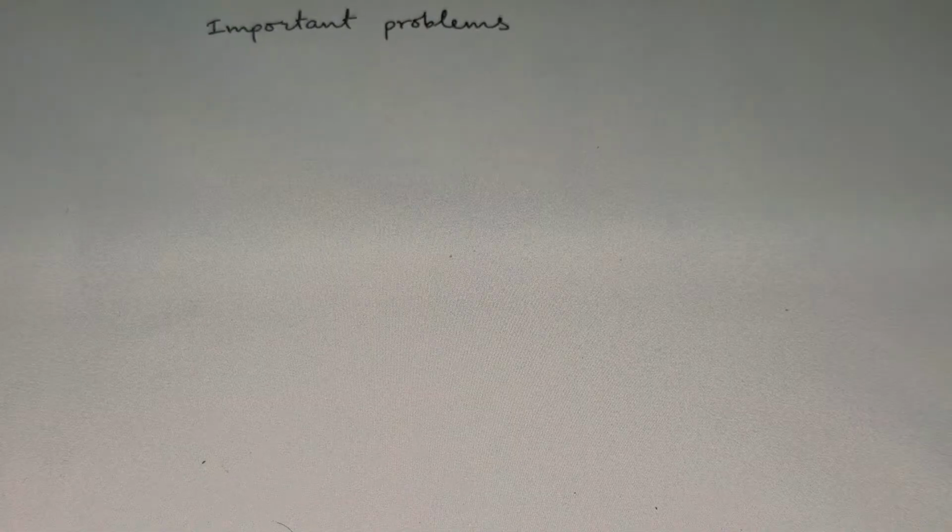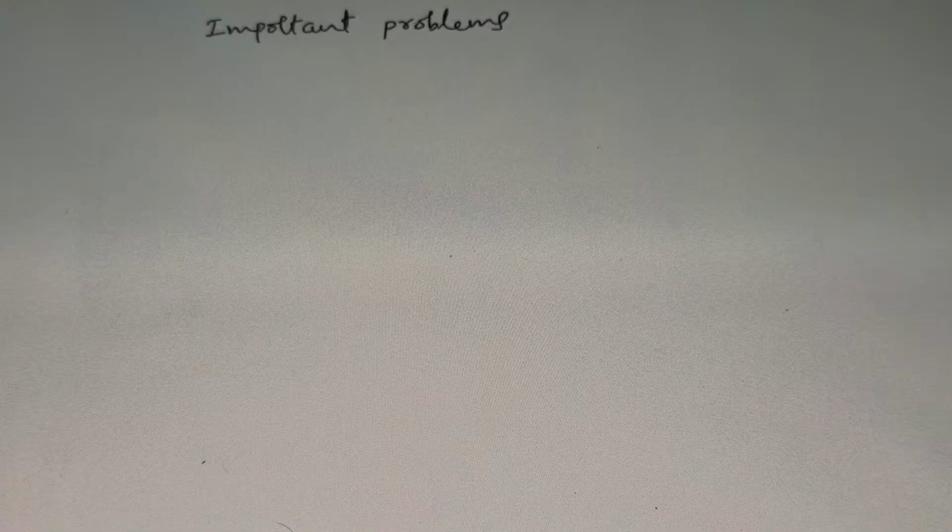So we have: find two consecutive odd numbers whose product is 99. So this is the first problem.